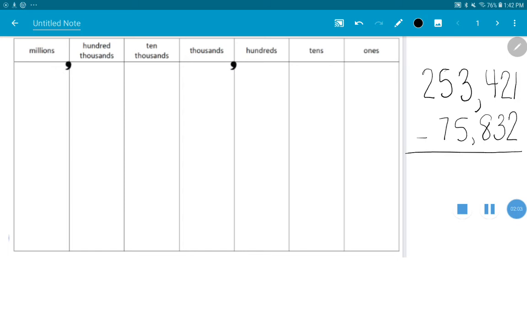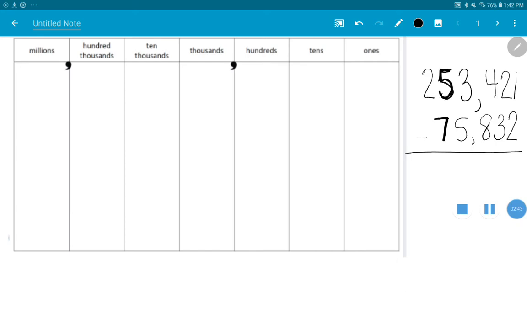So if the top number has 100,000s, and the part that I'm taking away only has 10,000s, how do I line my numbers up? I've got to make sure that the 7 10,000s in 75,832 are underneath the 5 10,000s that I have in my total.